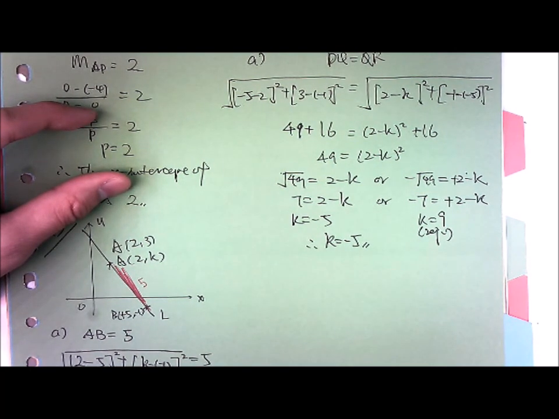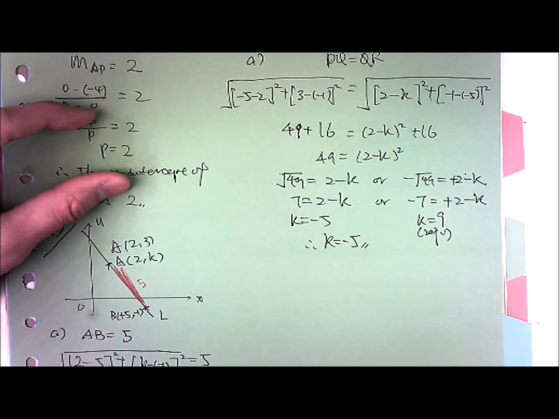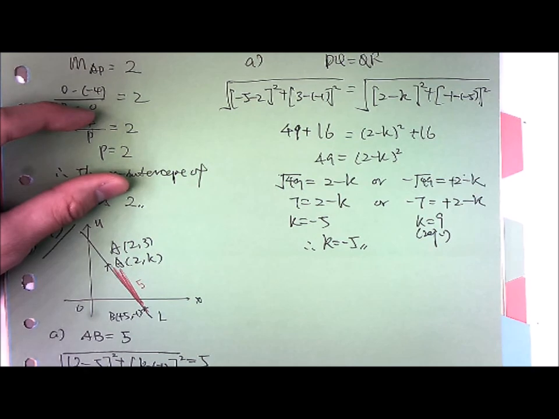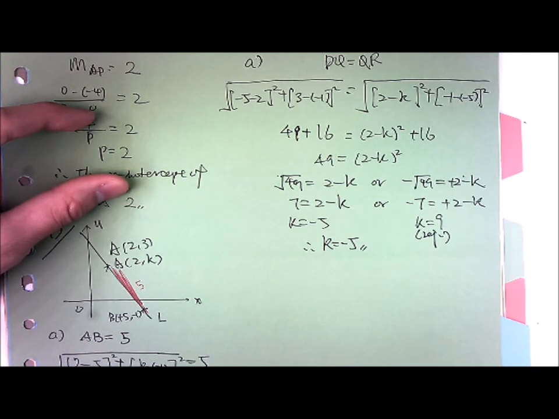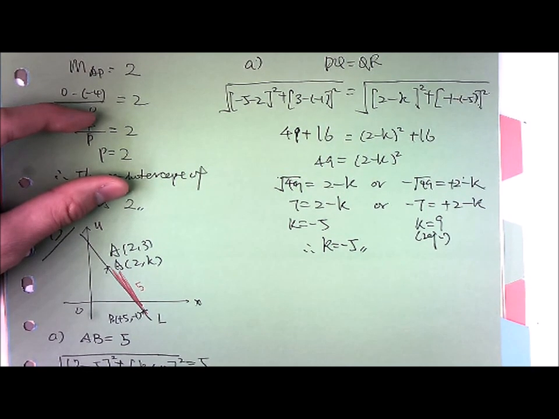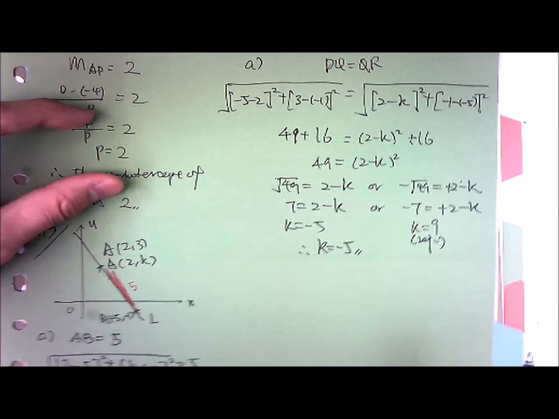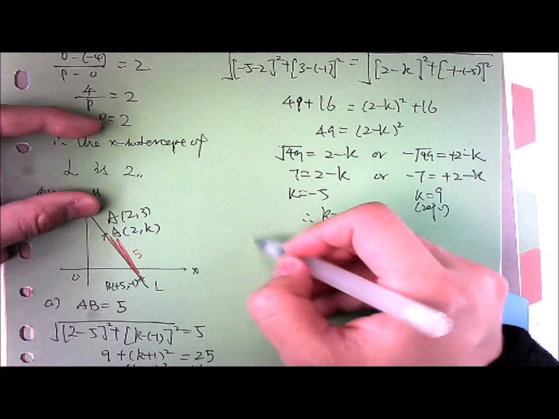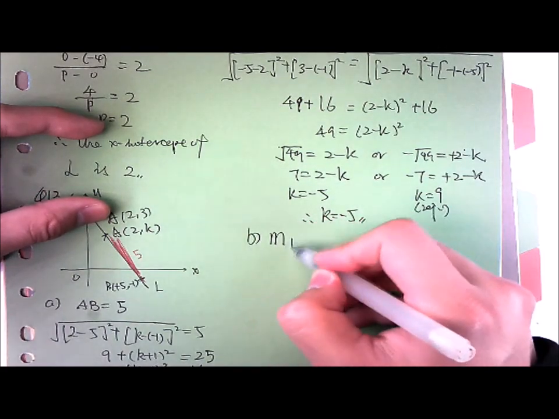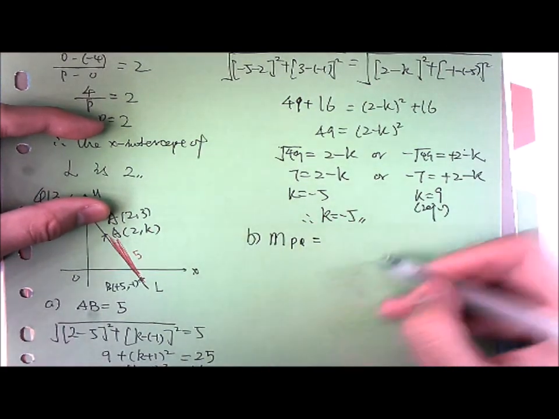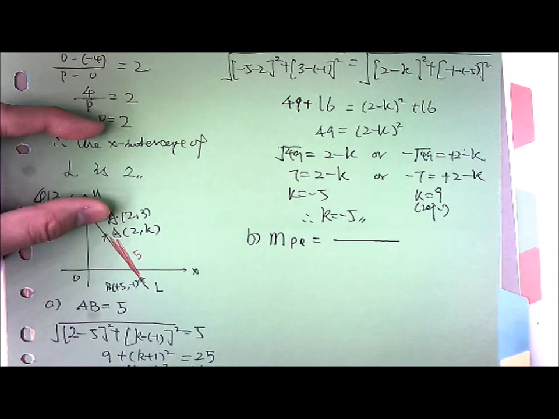Understand? So we have finally found this k. You can mark this k value on the question, the R coordinate right there. Part B, are P, Q, R collinear? So I think it's very easy because you're given 3 points, right? So you just have to check m_PQ, any two slopes.